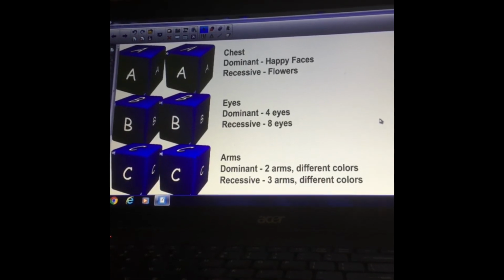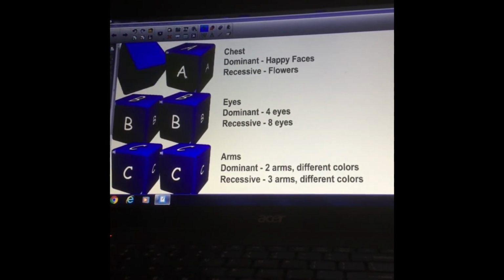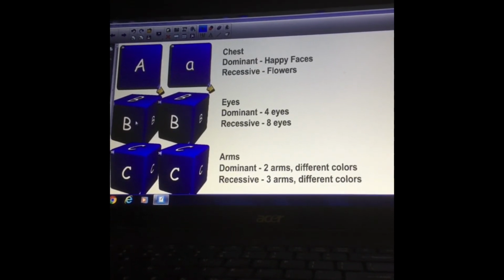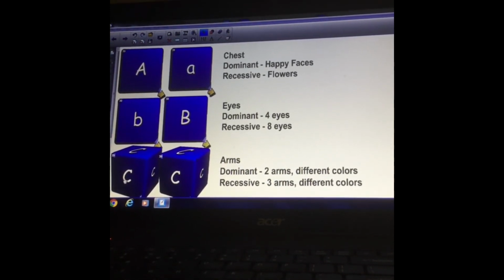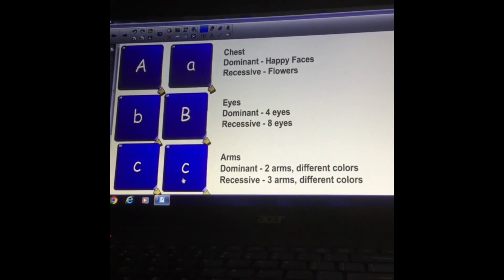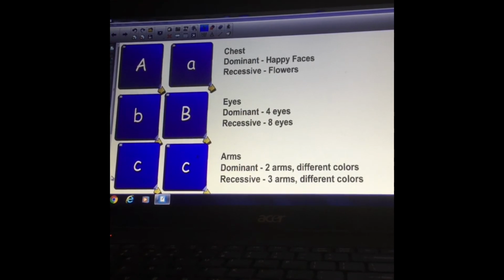The chest, the eyes, and the arms. Let's see what the chest is going to look like. The eyes. And the arms. Again, you can pause if you need to.